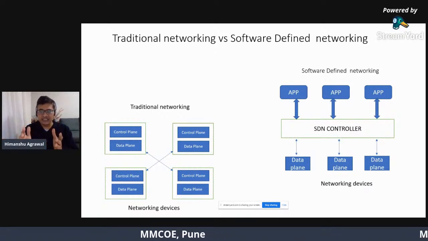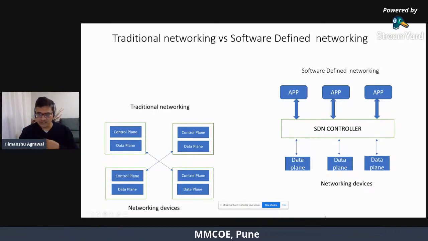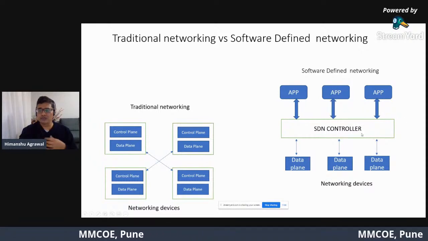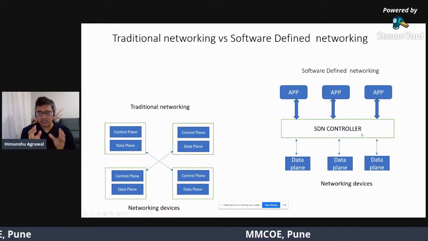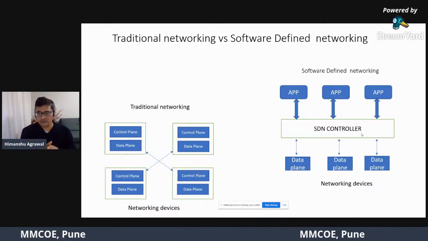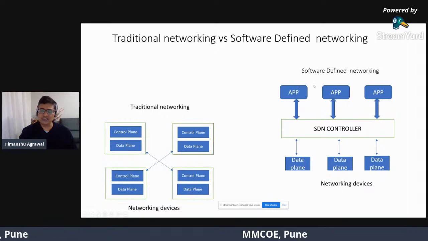So you can see here that the SDN controller is now forming the brain of this software defined networking, right, where you have all these networking devices which have only the data plane now, right? And all the control plane which you can see here from each of these routers is now available to the SDN controller, right? So something like a network manager, I can actually use a network manager at the SDN controller, right? So you can understand that I have my applications.